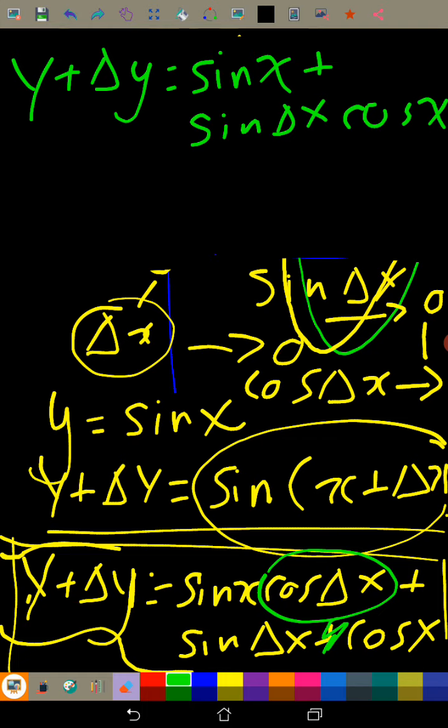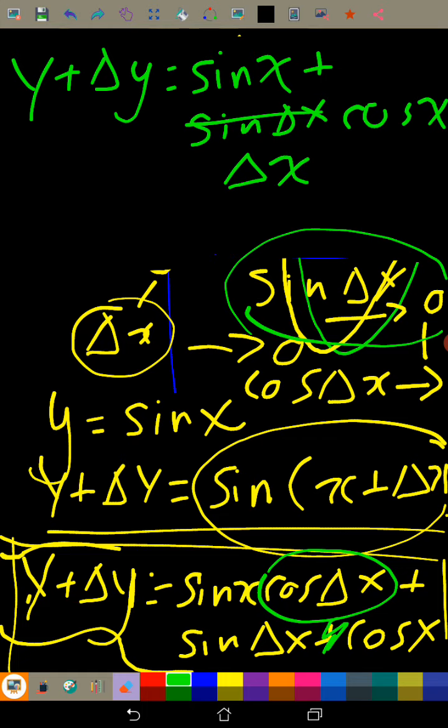But there was something else said, that when delta x is going to 0, sine delta x is going to be delta x. This is something I don't understand, because why not 0? Why delta x? Probably because if it's very small, it's going to be the same.